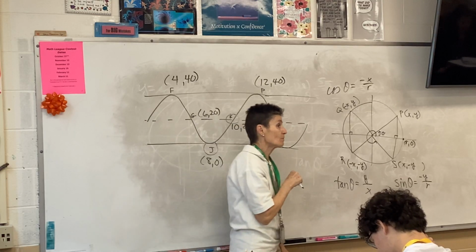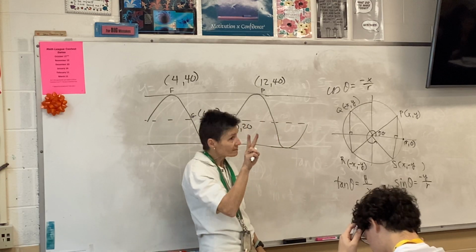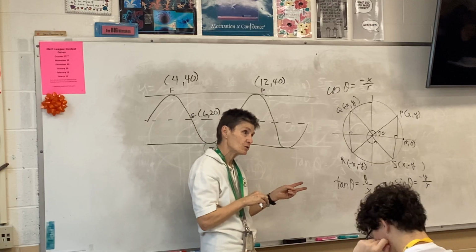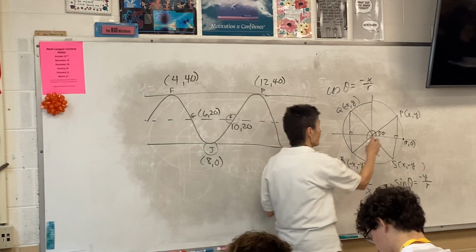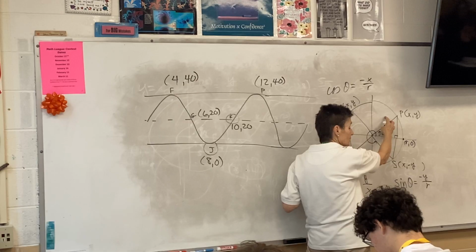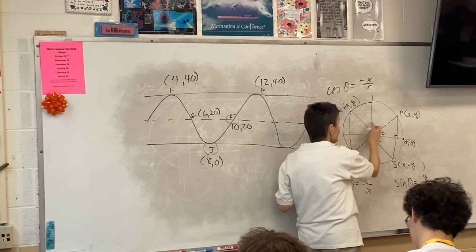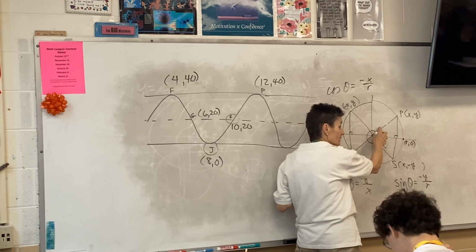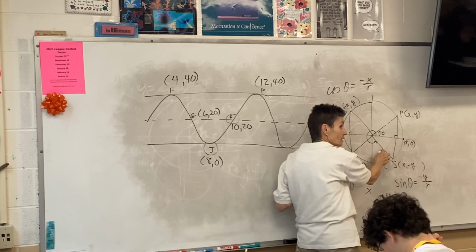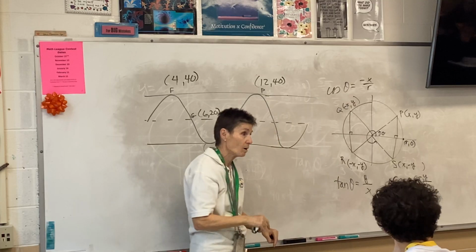You're gonna discover that all of the functions are positive in 2 quadrants and negative in 2 quadrants. So obviously, everything's positive here, and the tangent's also positive here. Sine is positive here, and cosine is positive here, because cosine is x and sine is y.